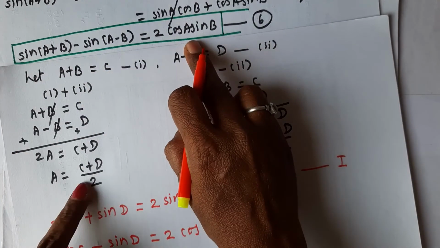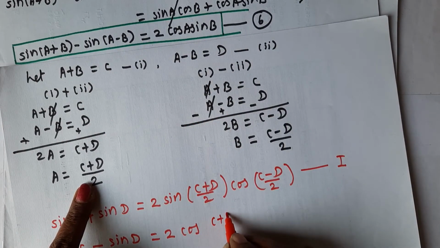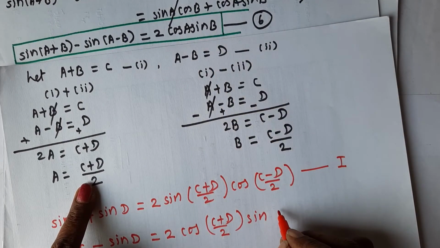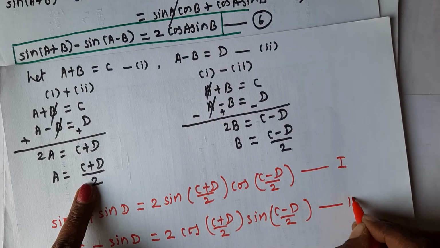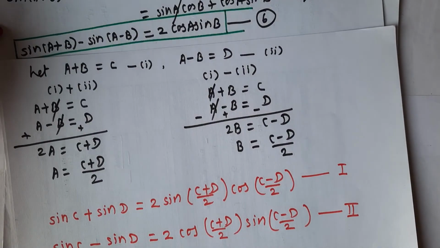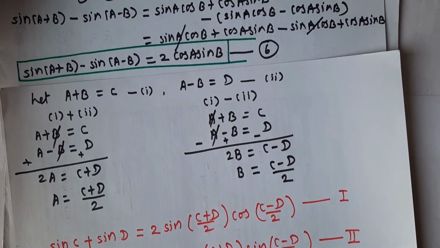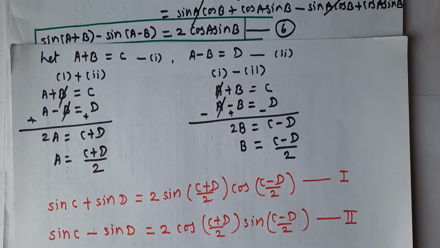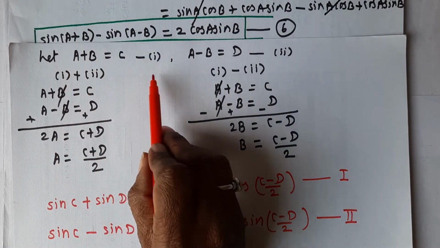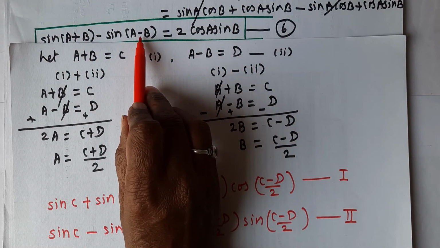Value of a is what? Value of a is c plus d by 2, sin. Value of b is c minus d by 2. And in this way we have got the second formula. Okay. We have got the second formula. We are only keeping value of a plus b as c and value of a minus b as d in this formula.